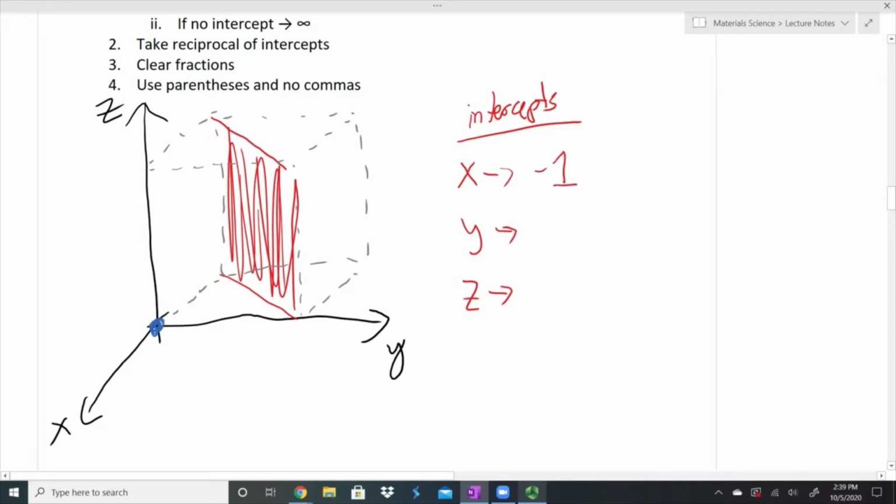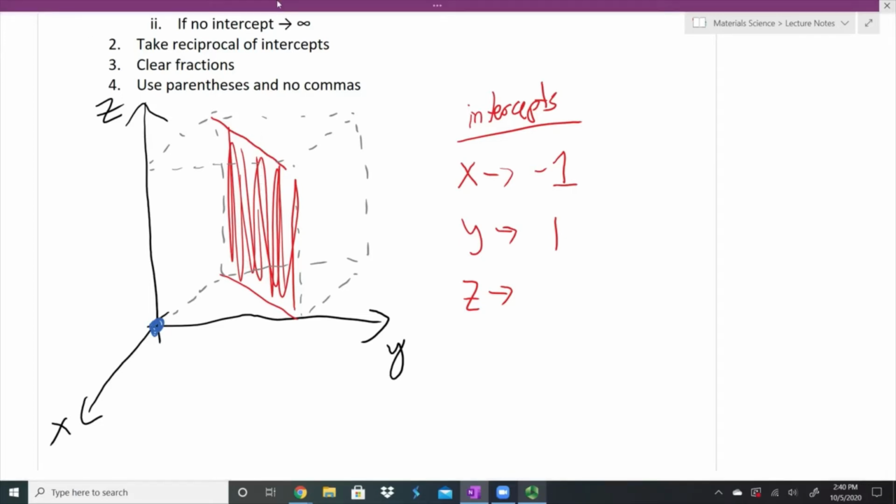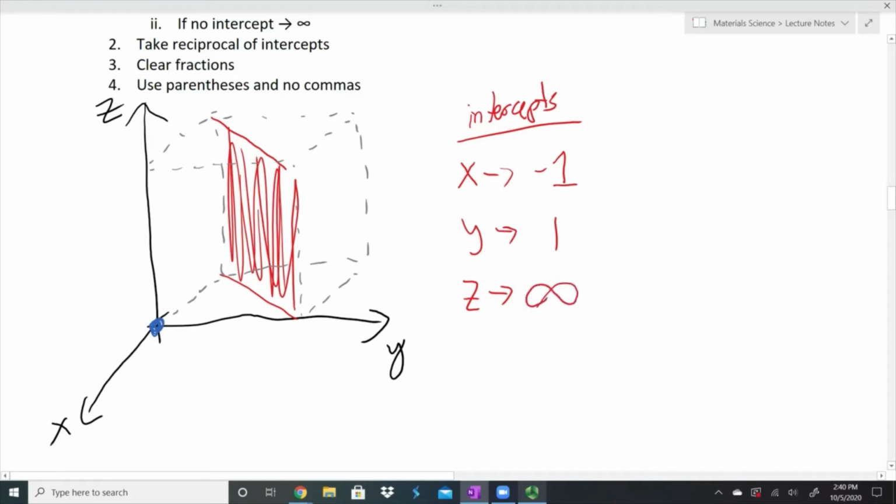My y-axis is here, so it is intercepting at y equals 1. And in this case, my z intercept never quite gets there. This is basically an asymptote. We could say it's getting close, but it's not necessarily leaning up against it, and we'd have to go really, really far out. This is perfectly parallel. It would never touch it, so we could say that the intercept is infinity.